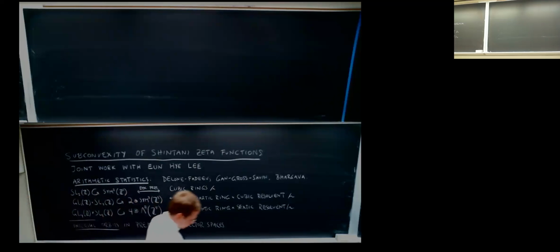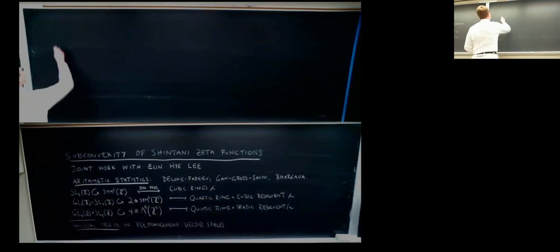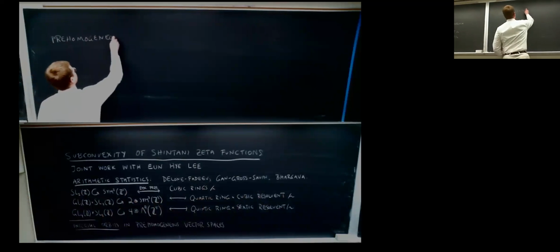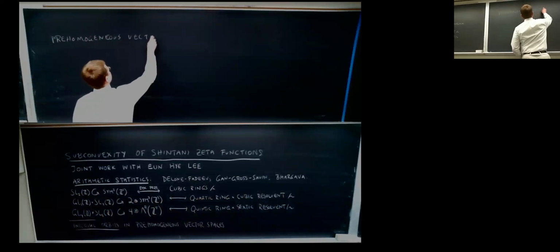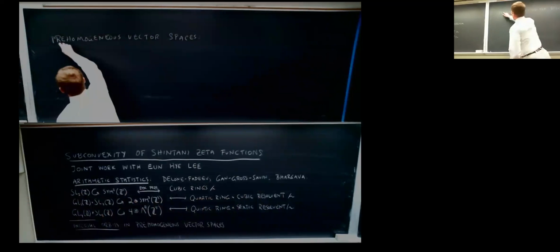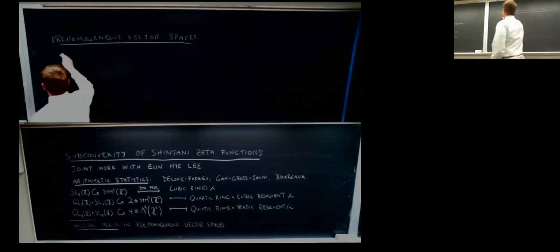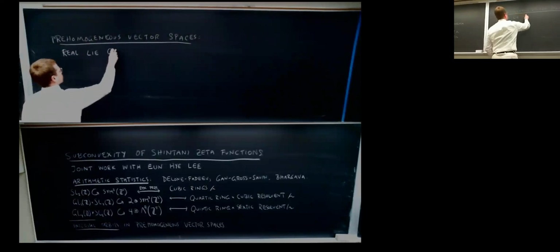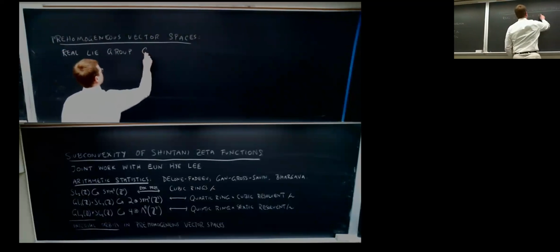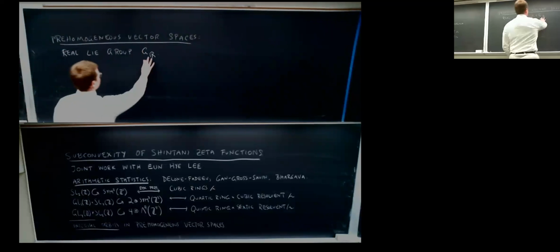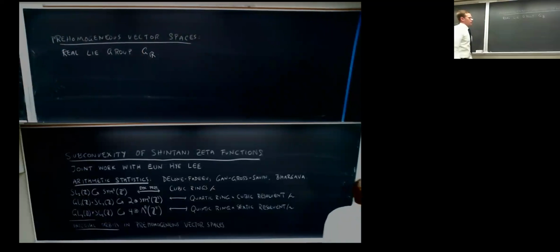Just to explain quickly what a pre-homogeneous vector space is. Let G be a real Lie group, and I'll think of the integral matrices within the group as G(Z).